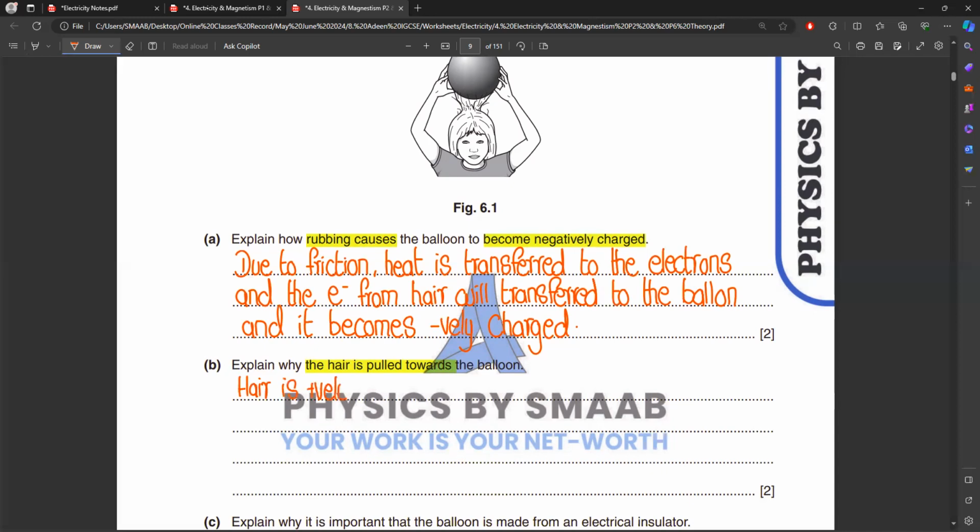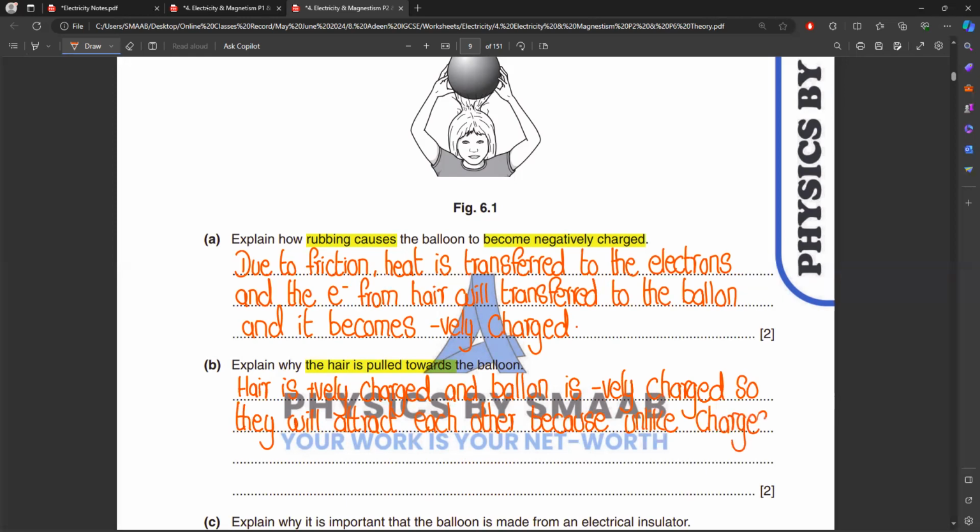So hair is positively charged and balloon is negatively charged, so they will attract each other. Unlike charges attract each other.